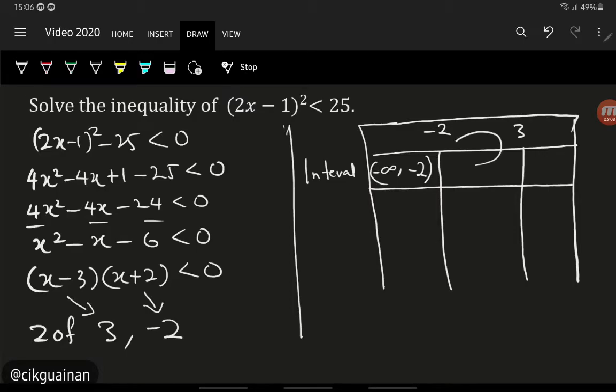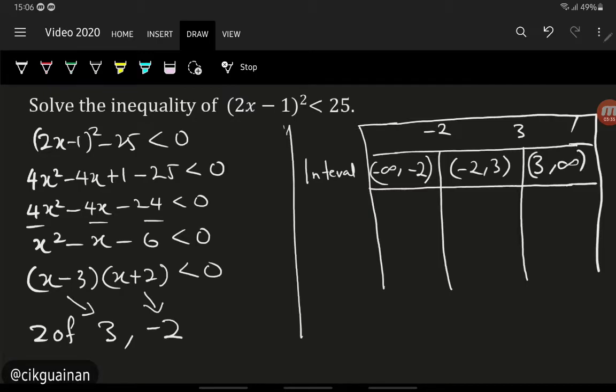For this one, it's between minus 2 and 3, and we close them with the open bracket like that. For this one, it's a number more than 3, so 3 to positive infinity, and then close with an open bracket like that. Maybe I extend it further. That's better. Now we have the intervals already.